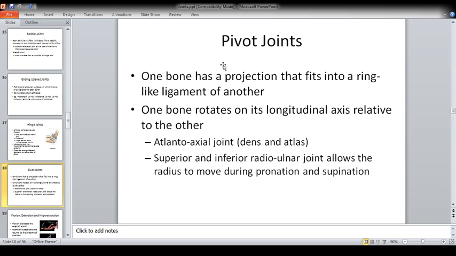In a pivot joint, one bone has a projection that would fit into a ring-like ligament of the other bone, and one bone would rotate on its longitudinal axis relative to the other bone. This type of joint is between the radius and the ulna, where one bone is stationary and the other bone is slightly rotating, and the first and the second vertebra, that is the atlantoaxial joint, between the axis and the atlas.